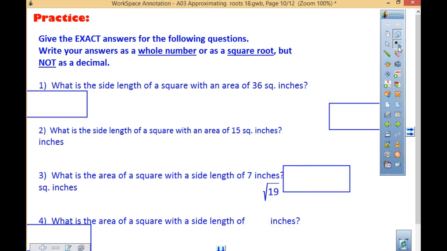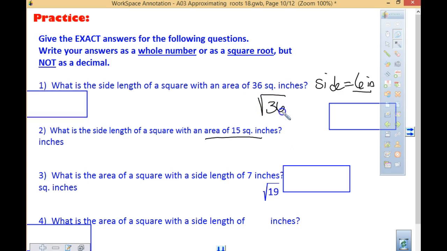What is the side length if the area is 36? 6. So please write, side equals 6 inches. If the area is 15, side length is, what did we do? We took the square root of 36 to equal 6. Is 15 a perfect square? No. Square root 15 inches. That's what your side equals. We are not going to put it in our calculator. It is not a perfect square. So the side equals square root 15.